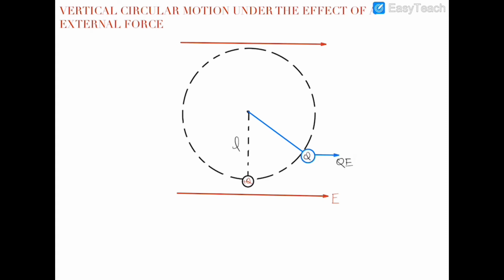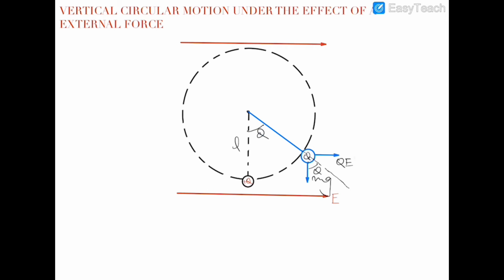and mg is acting on the ball in the downward direction. This is mg. So first of all we need to find out this angle, which is the equilibrium angle, theta.